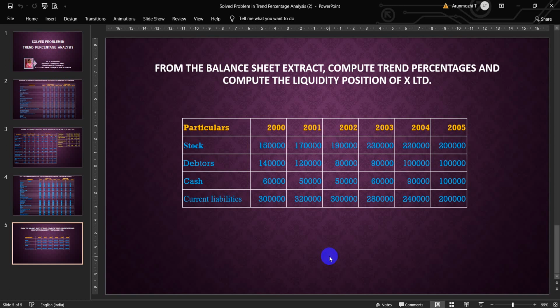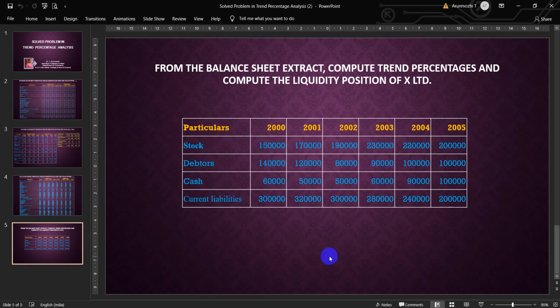For 1,50,000, the base year, that is the first year, you take it as 100. For the next column, it is 1,70,000. To find out the trend percentage, 1,70,000 into 100 divided by 1,50,000, you get 113. For the next year, 1,90,000 into 113 divided by 1,70,000, you get 126.